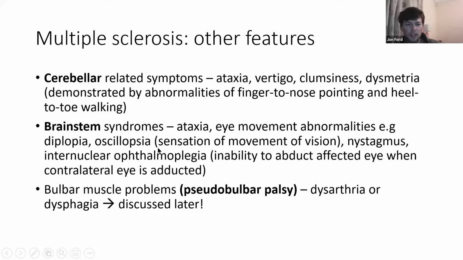Then brainstem syndrome, so things that affect the brainstem cause problems like ataxia, problems with eye movement, like double vision, oscillopsia, where the patient will feel like their eyes are moving. They might have nystagmus and internuclear ophthalmoplegia, which is the thing that sometimes causes the relative afferent pupillary defect. And then you've got bulbar muscle problems, but we'll come on to that a little bit later.